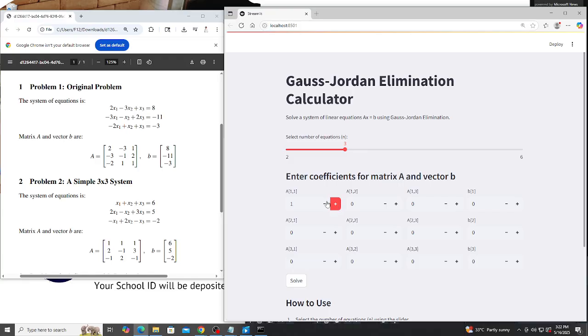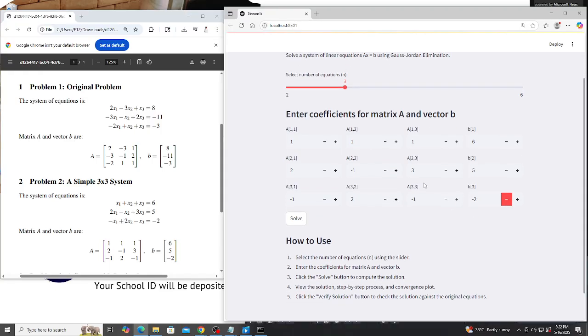So 1, 1, 1, and 6, and 2, -1, and 3, and 5, and -1, 2, and -1, and -2. So let's solve.